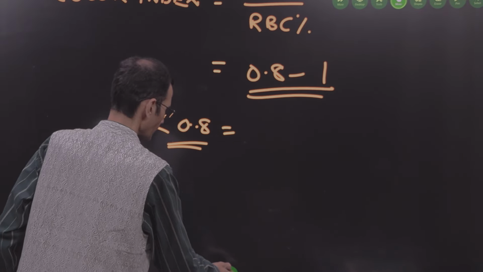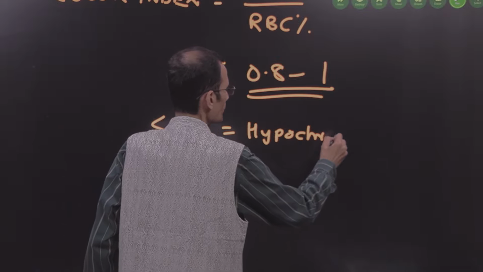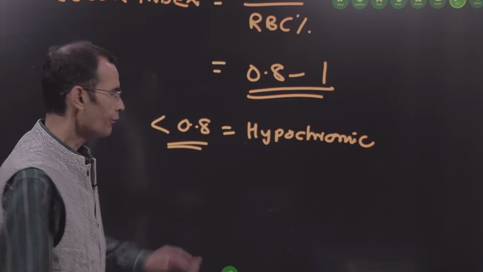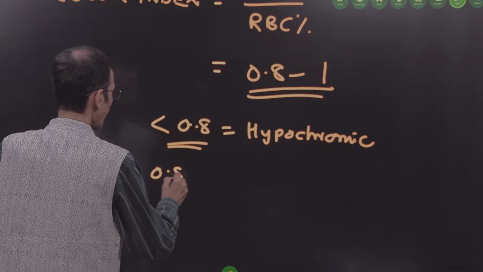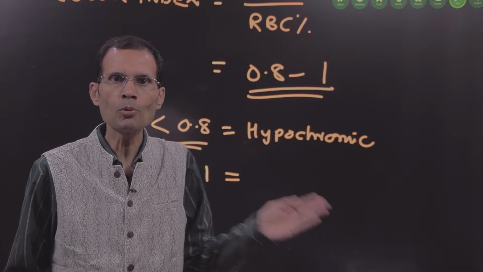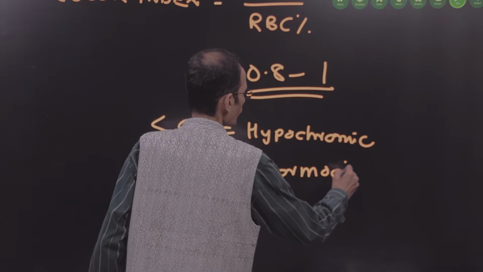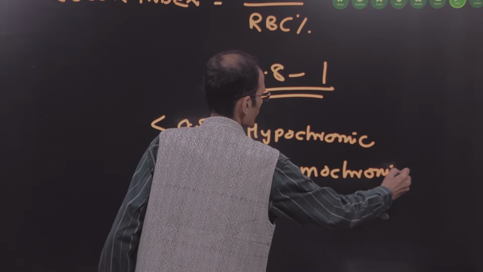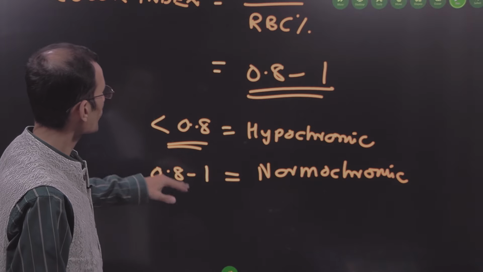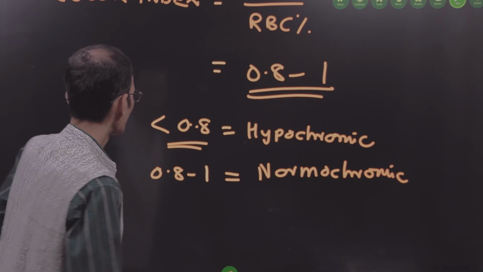So a value less than 0.8 will be hypochromic anemia. If the value is between 0.8 and 1, then it will be normochromic anemia, the normal color of the RBC. Reduced color is hypochromic, and obviously it is because of the less hemoglobin on the numerator.